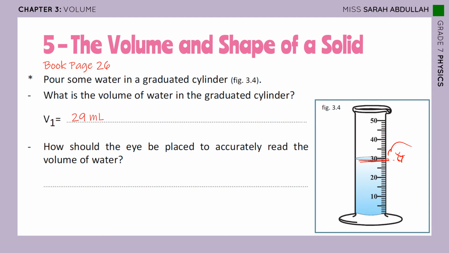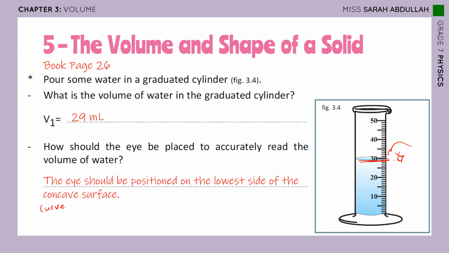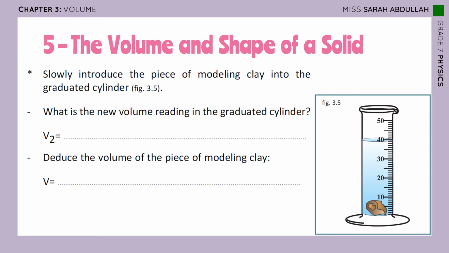How should the eye be placed to accurately read the volume of water? We said it, but we haven't written it. So the eye should be positioned on the lowest side of the concave surface, or of the curved surface. All right, so on the lowest side of the curved surface. This is how we read the volume of a liquid.